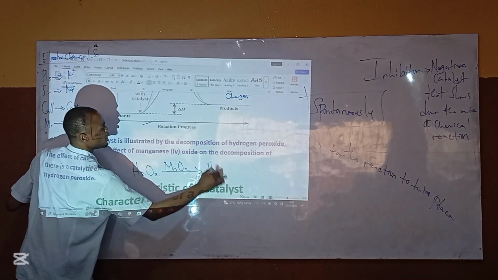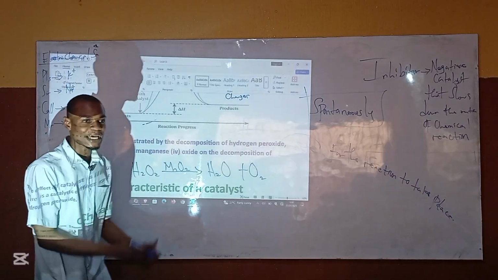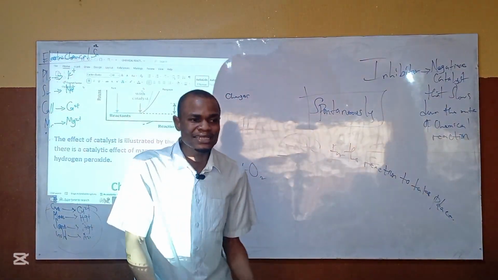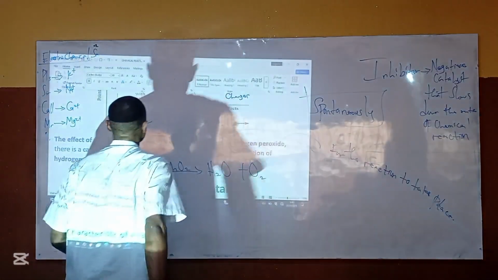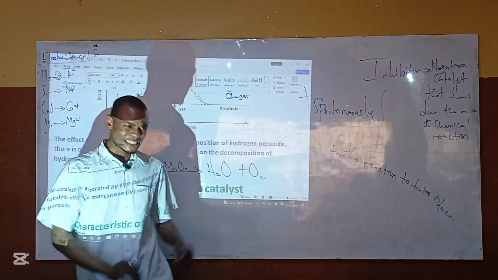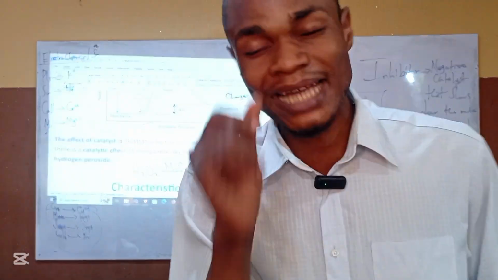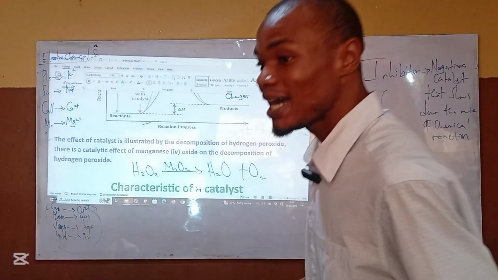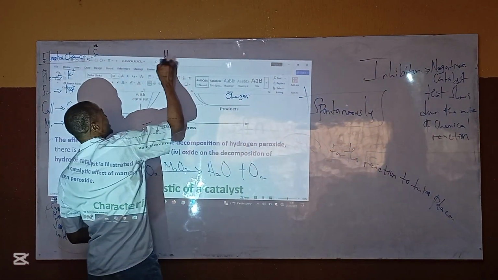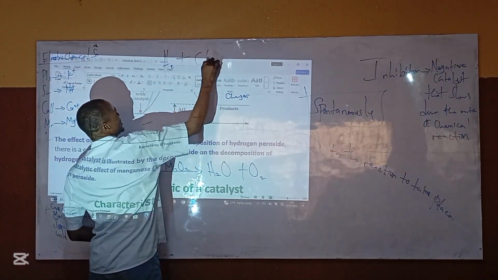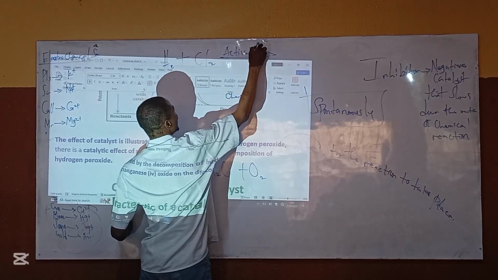You can jot this down. We use hydrogen peroxide, light affects hydrogen peroxide, and catalyst also affects hydrogen peroxide. That kind of reaction is called a photocatalytic reaction. I remember the same with hydrogen gas and chlorine gas. You can use activated charcoal.